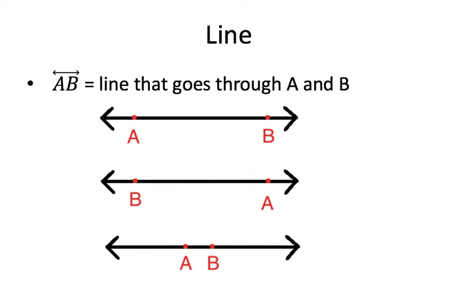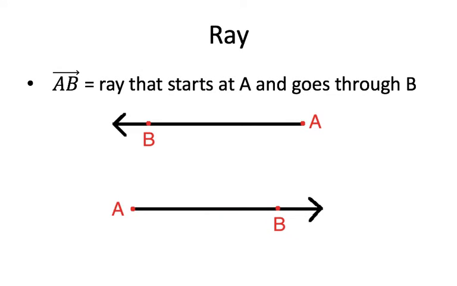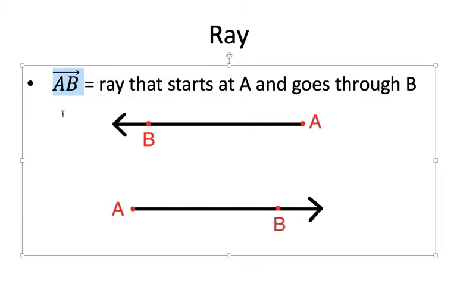If you have a situation where you only have one endpoint and then the other end just goes on forever, that's called a ray. And here, this is the notation for ray AB. So this is a ray that would start at A and then go towards B forever. And it could touch B and then it would keep on going past B, and it just keeps on going that direction forever.